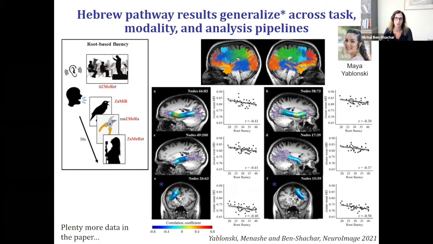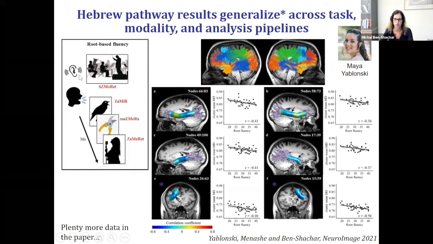They basically have to produce as many words as they can in half a minute that share the same root with the word that they listen to. So you have 30 seconds to produce as many words as you can based on extracting the root from the auditorily presented word.